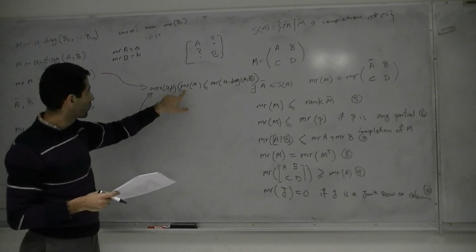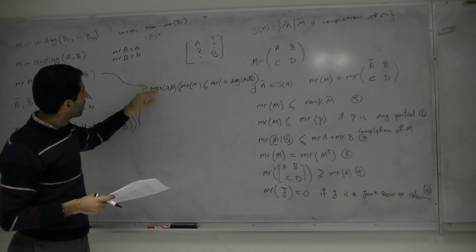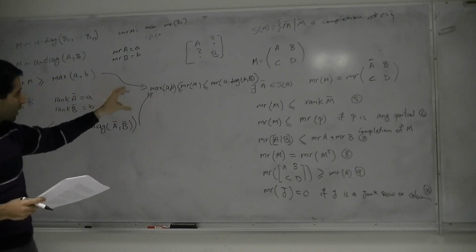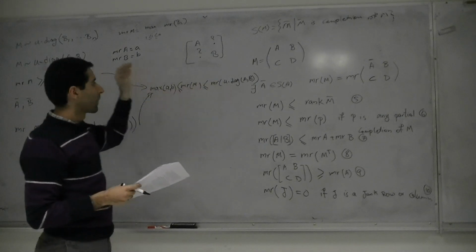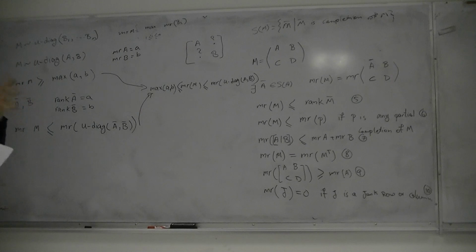We mix these two, and we know the minimum rank must be more than the maximum of each element, and is less than the rank of the completion of each submatrix.